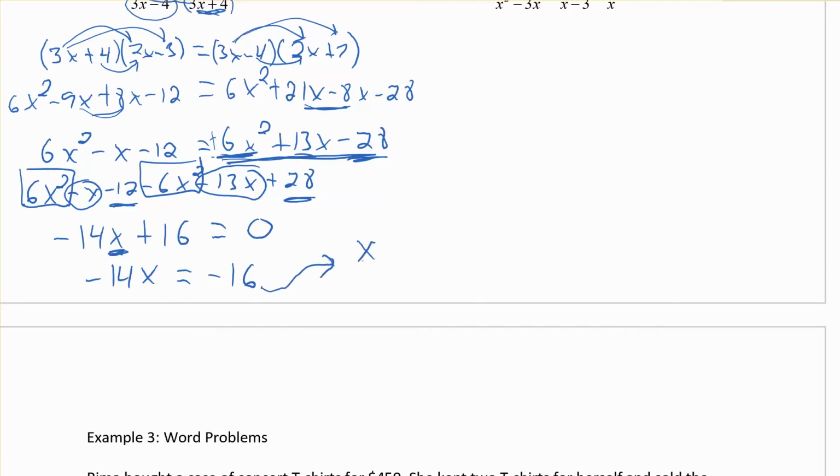What I've got left is x is equal to negative 16 over, and what I'm going to do is divide both sides by negative 14. So I'm left with negative 16 over negative 14. So what I'm left with is x is equal to 8 over 7.